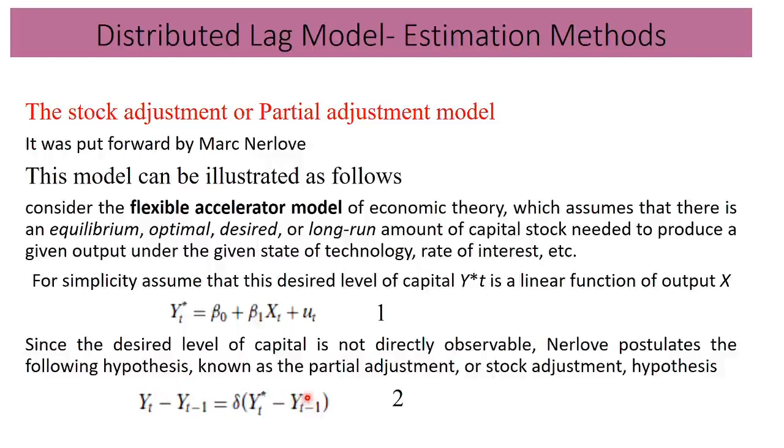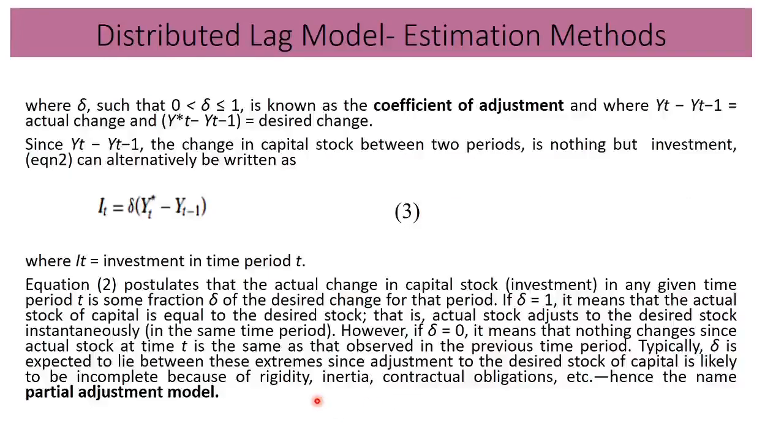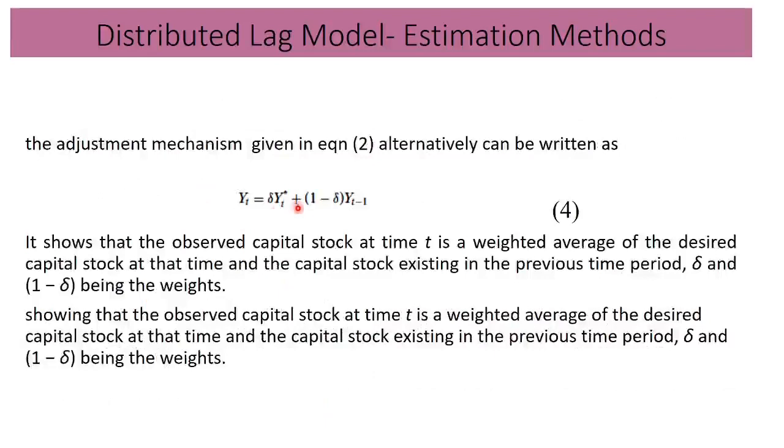Removing the bracket and then bringing this Yt minus 1 to this side, it will be equal to Yt star times delta plus Yt minus 1, that is, this can be written as delta Yt star plus 1 minus delta times Yt minus 1. That is given here: Yt equals delta Yt star plus 1 minus delta times Yt minus 1.